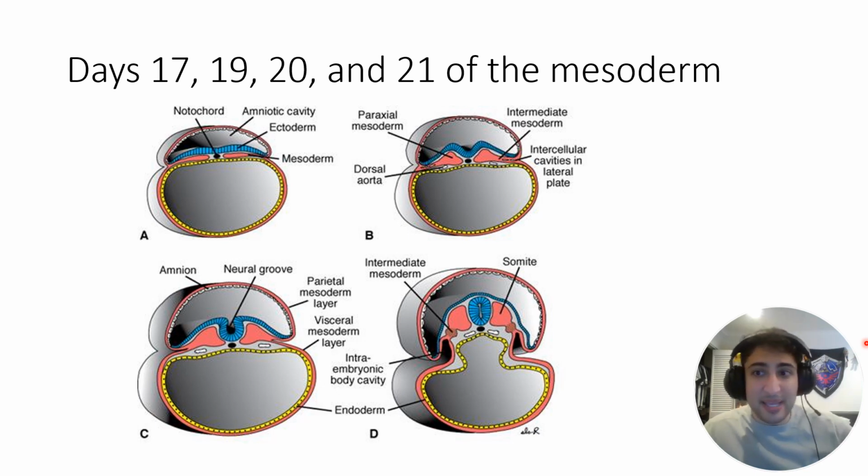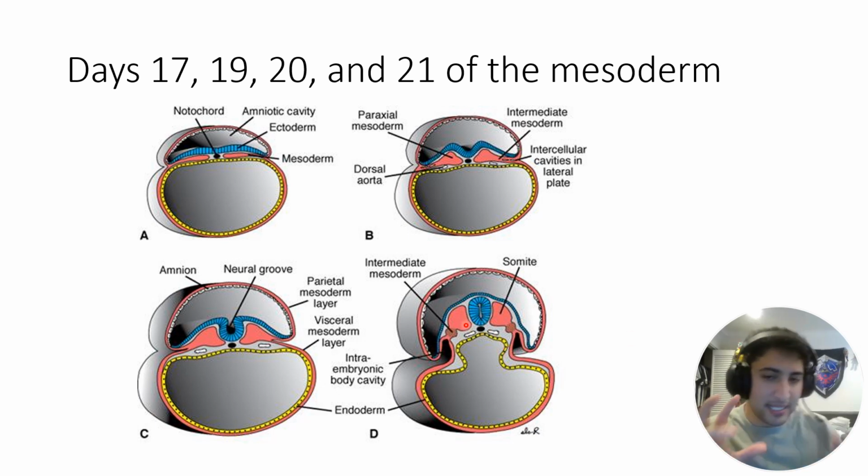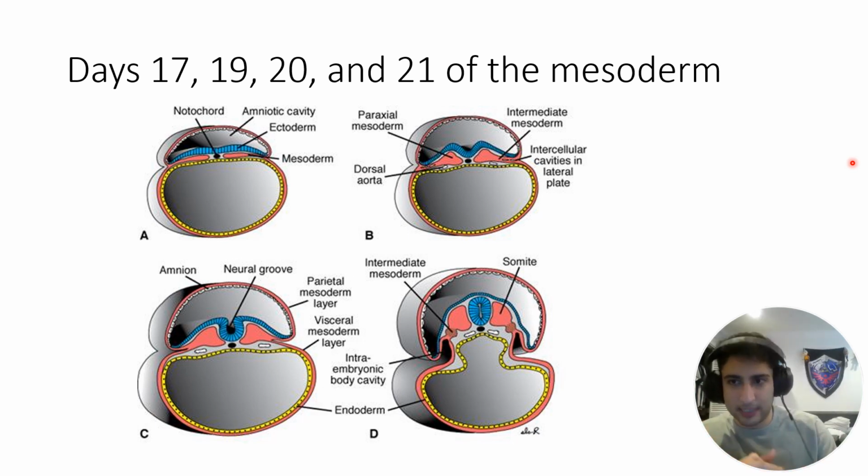By the beginning of the third week, the paraxial mesoderm is going to split into segments, and those are called somitomeres. This process starts cephalically and goes caudally, and we'll see that on the next slide. Once they pass into the occipital region, they're going to organize into somites.